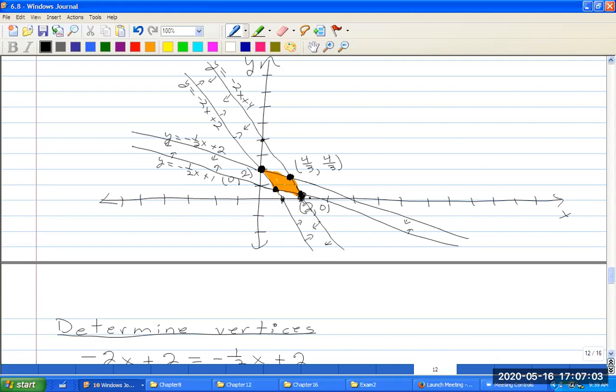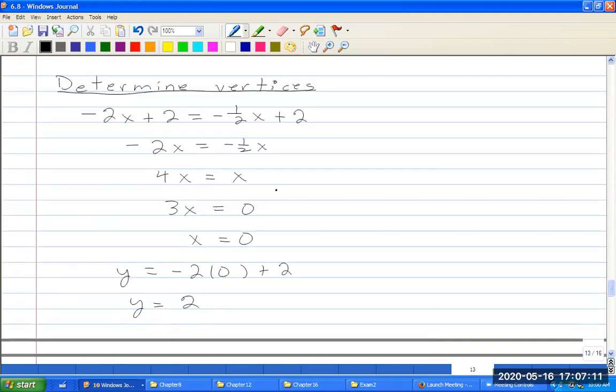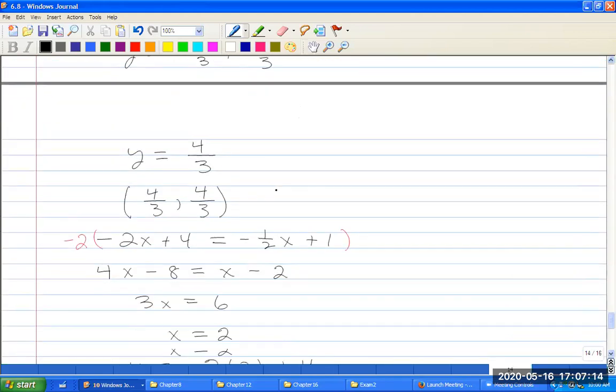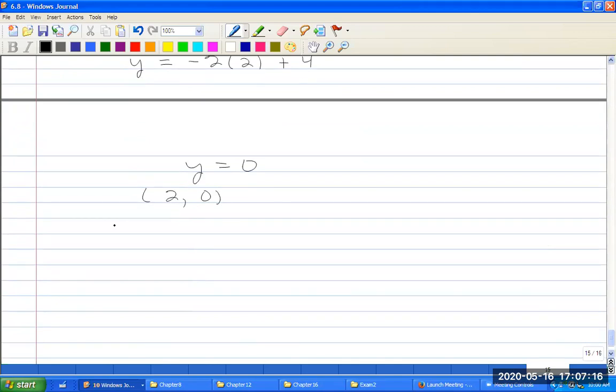Okay. And let's look where this vertex is. So negative 2x plus 2 and I want to set that equal to negative 1/2 x plus 1.